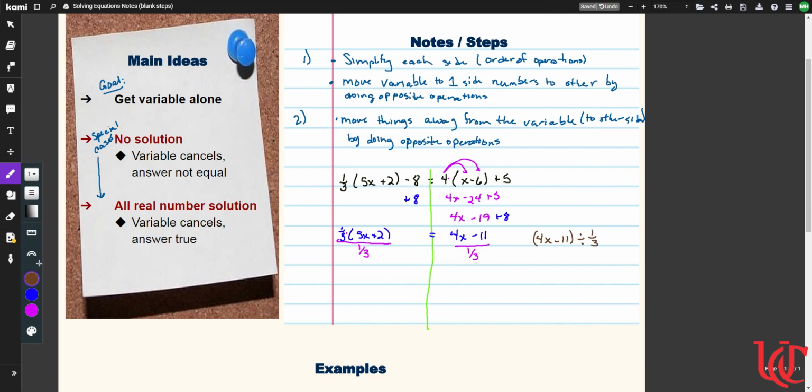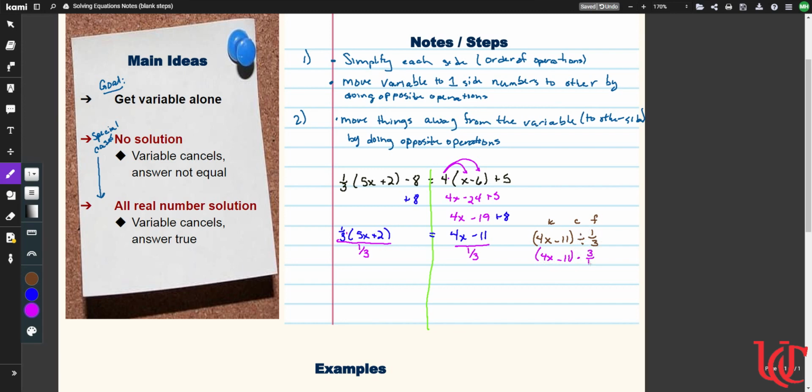And then I can think back to my rules for dividing by fractions, and I always do a keep, change, and flip. So this is the same thing as 4x minus 11 times, because we change from division to multiplication, and flip this.